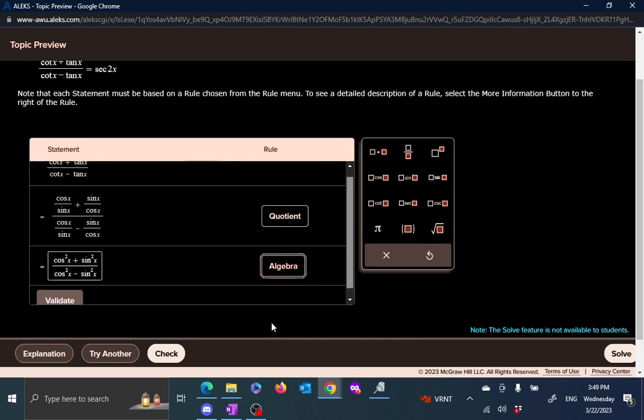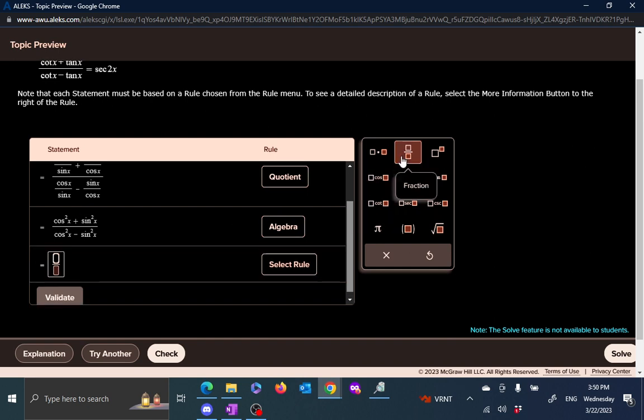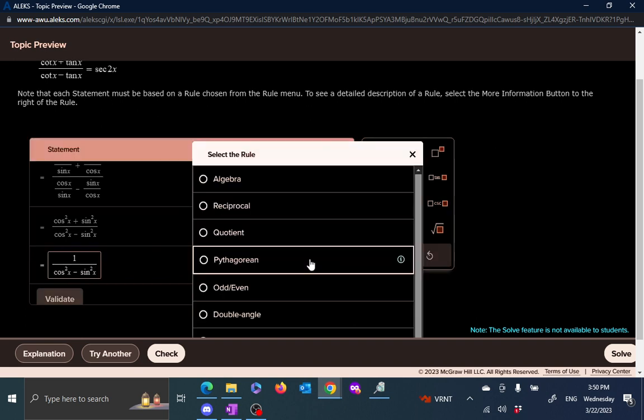We multiplied everything by sine x cosine x. Let's see if that's okay. Yes. The numerator is just 1. I don't simplify the denominator because that's a different rule. And that means sine square of x. So what did I do? I did Pythagorean.